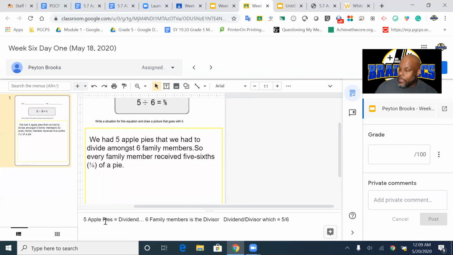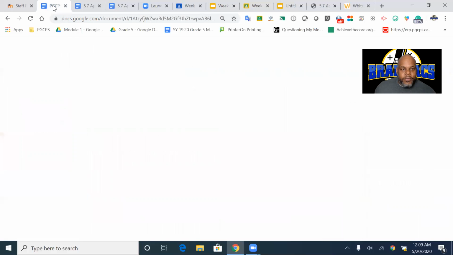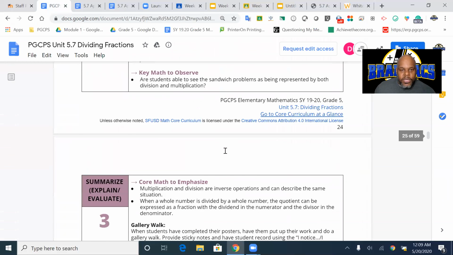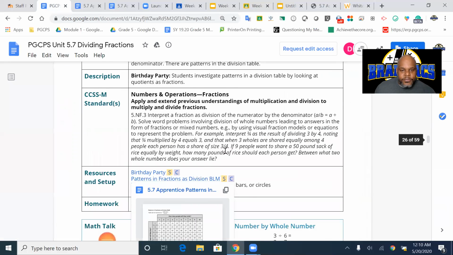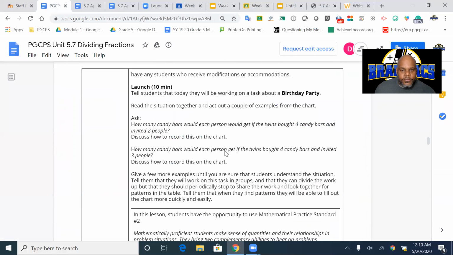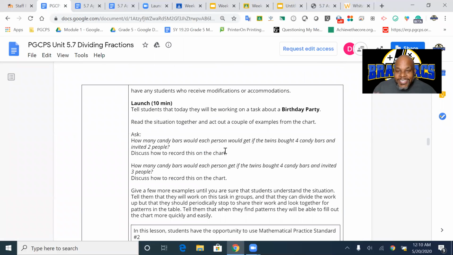Right. So today we're going to push it a little bit further and we have a project. So let's read it together. Today, we're going to be working on a task about a birthday party. So let's read the situation together.